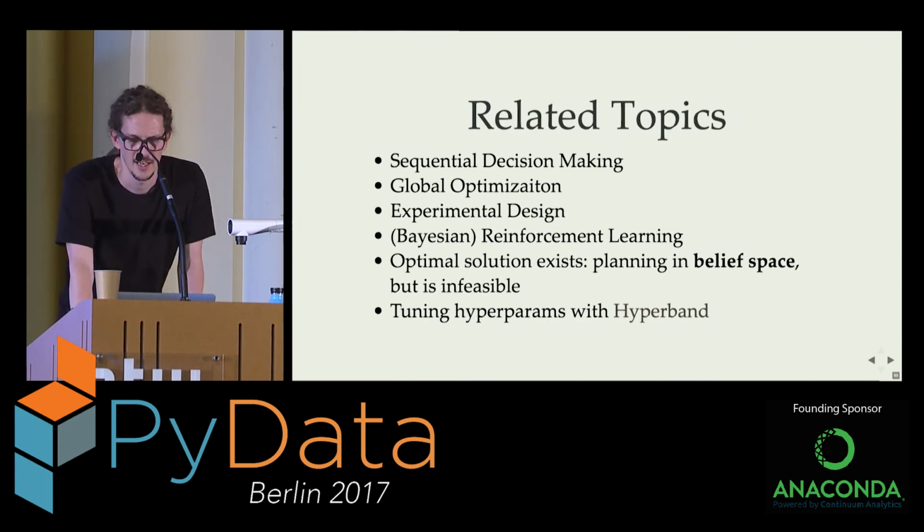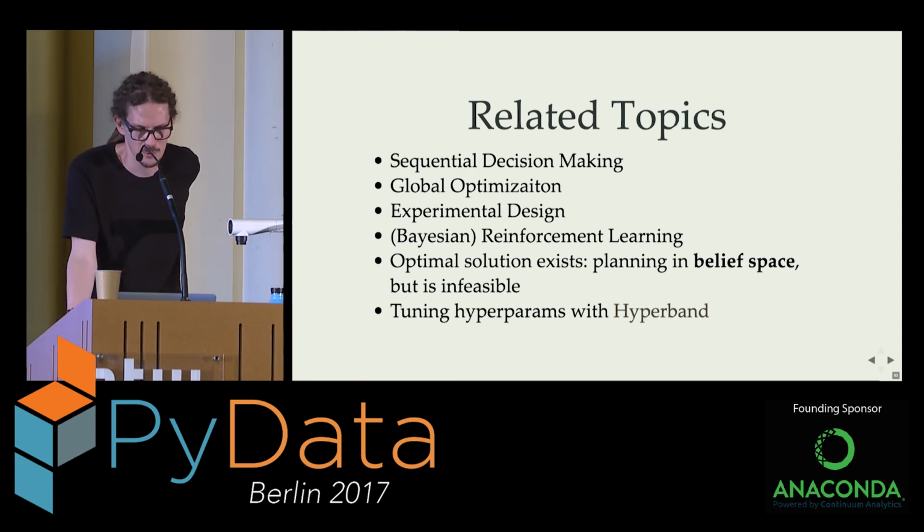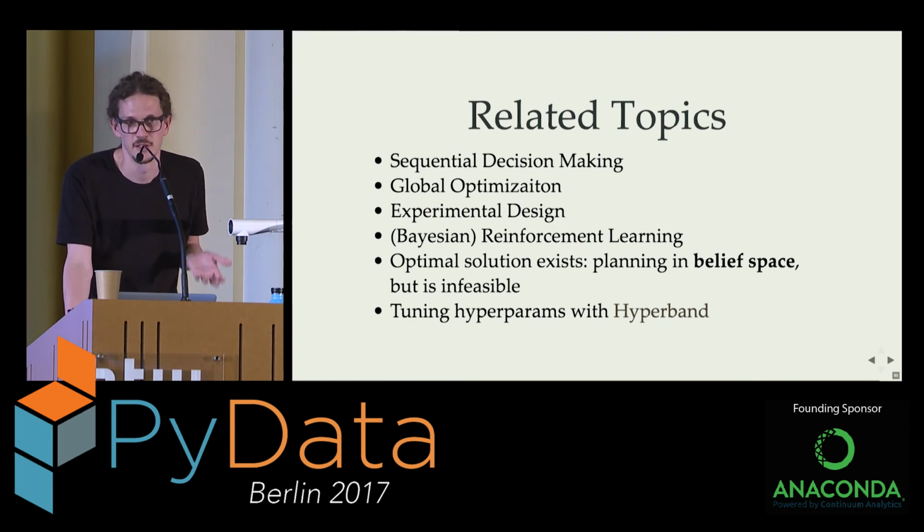And actually there are very similar topics which are also maybe of interest if you like this: sequential decision making in general, global optimization, experimental design, Bayesian reinforcement learning. Super interesting and very similar from the setup. Also, there are optimal solutions in the sense of Bayes optimal, it's called planning in belief space, but mostly it's too expensive, you can't really do it.